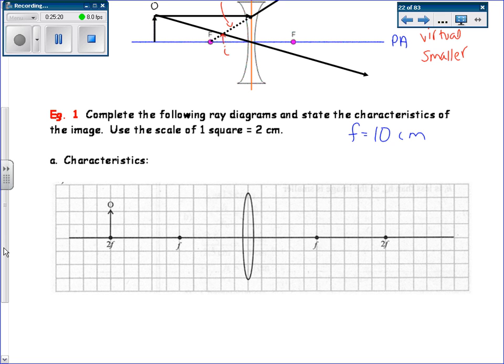This is a convex lens. So the rules that I can use are that a ray that's parallel to the principal axis refracts through the focal point on the other side.